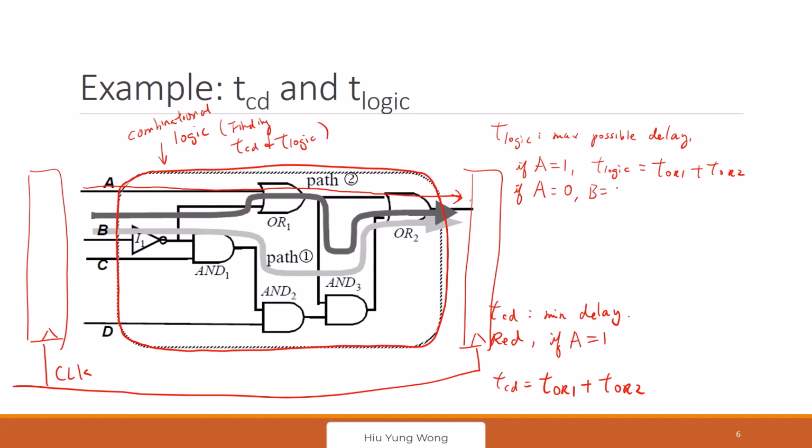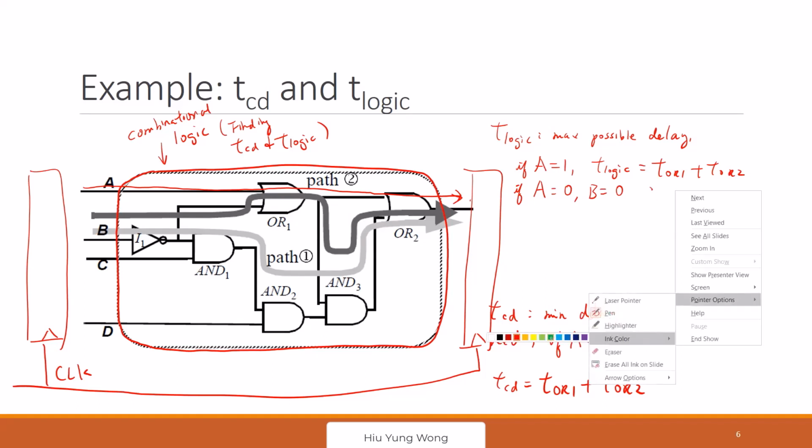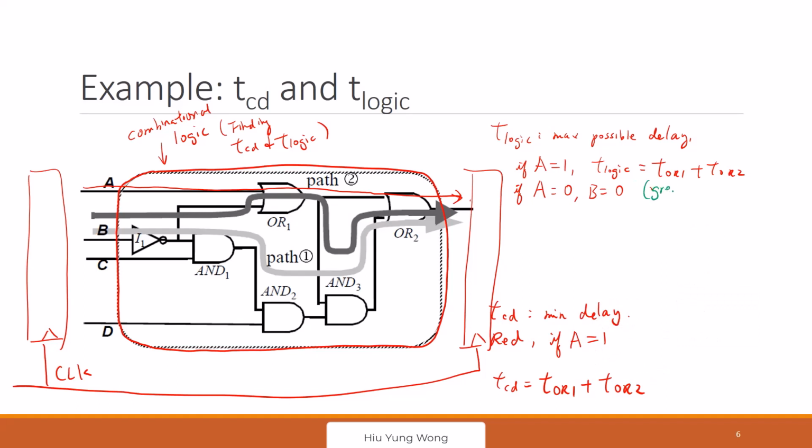B equals to 0, okay? Now, if B equal to 0, then what will happen? This I call it, let me change the color. Green, right? It will be easier to see. Now your A equal to 0, so it has no effect. B equal to 0, that means this is 1.